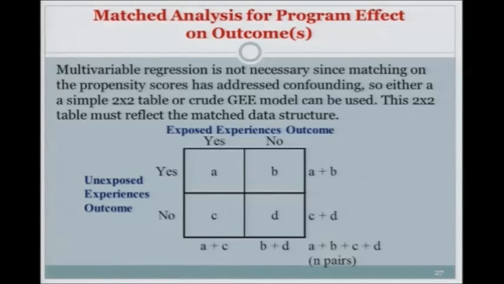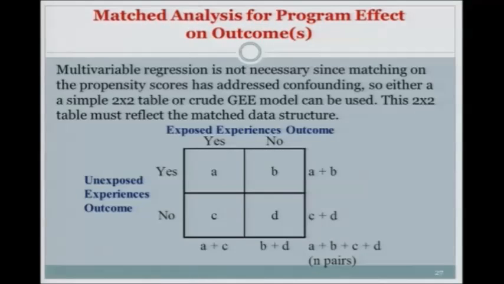Like in the A cell, it's the number of matched pairs where the unexposed experience the outcome and the exposed experience the outcome. So you're going to have a matched pair where the program participant had a low birth weight infant, and the non-program participant had a low birth weight infant. The real interesting information is in the discordant ones, right?